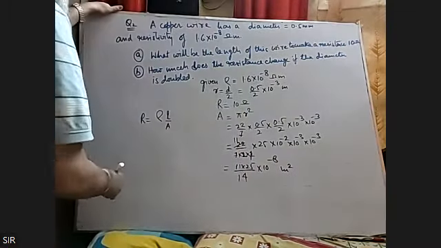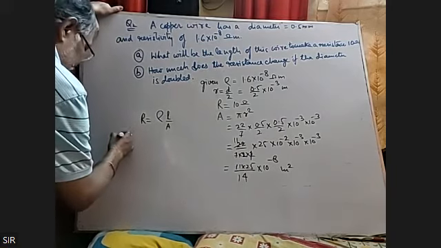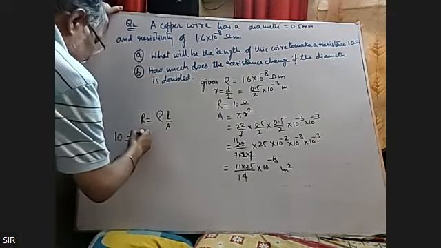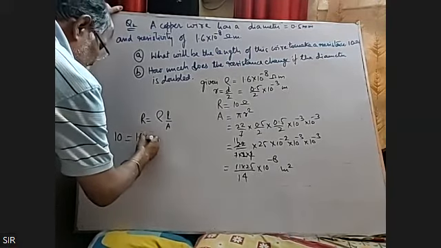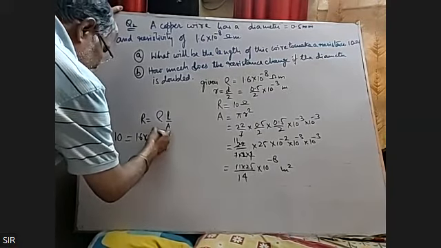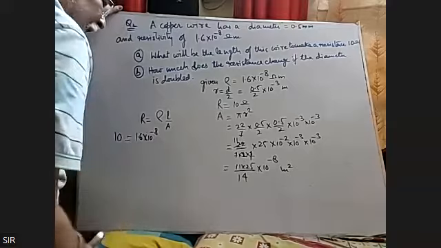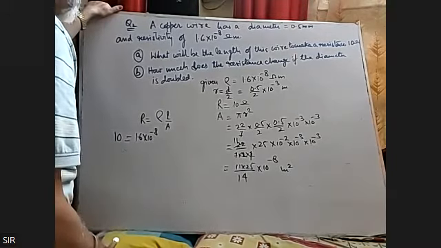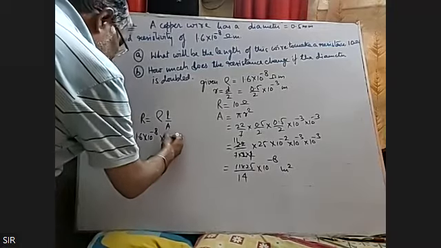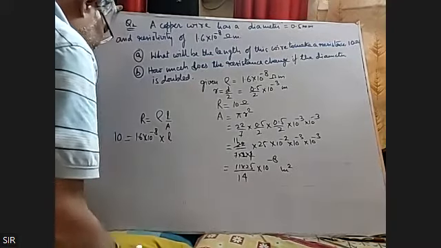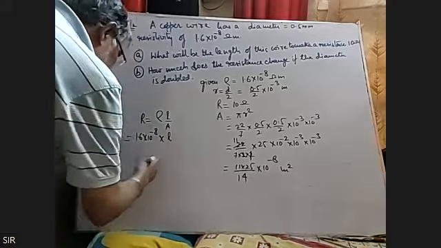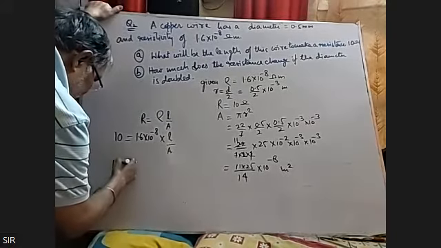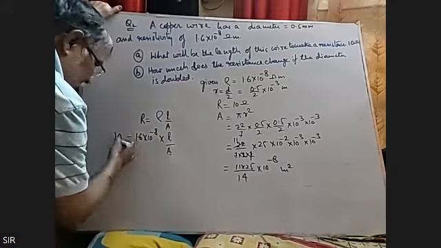Now let's put, they have asked resistance as 10 ohm. Resistivity they have given 1.6 into 10 to the power minus 8, right? Length is required, and area, so we can multiply area here.